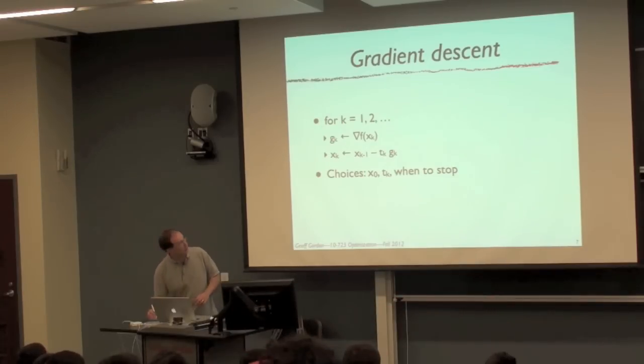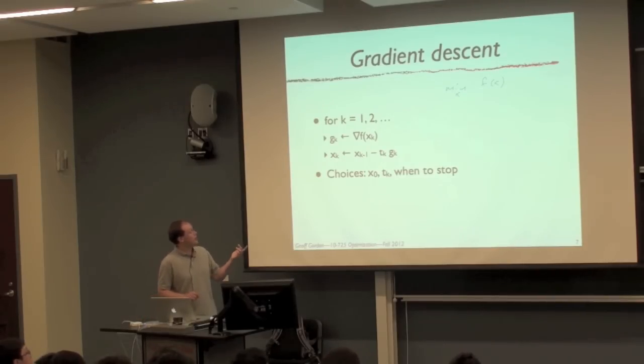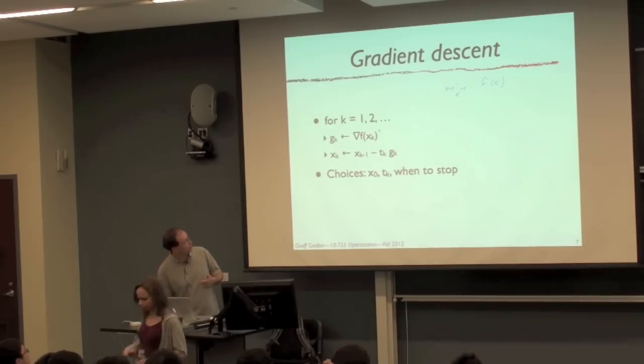And the goal here is we want to find the min over x of f of x, right? And so we start with x0, and at every step of the algorithm, we just keep iterating. And at every step of the algorithm, we compute the gradient, right?